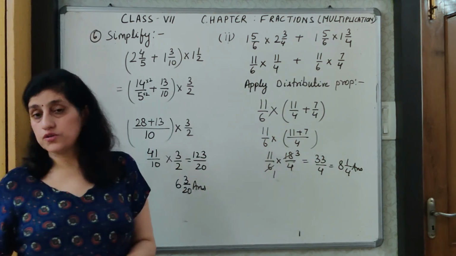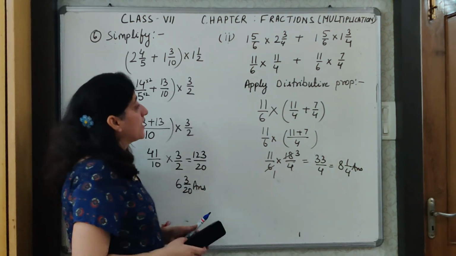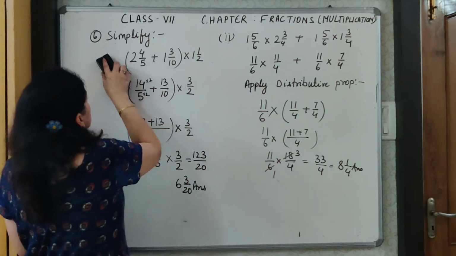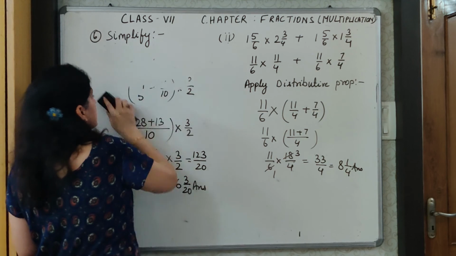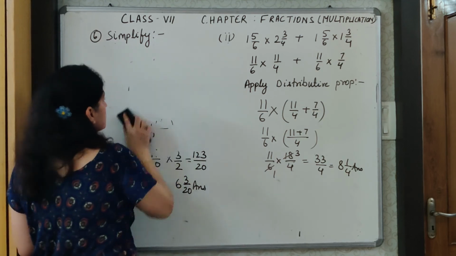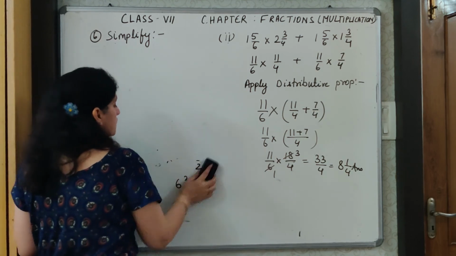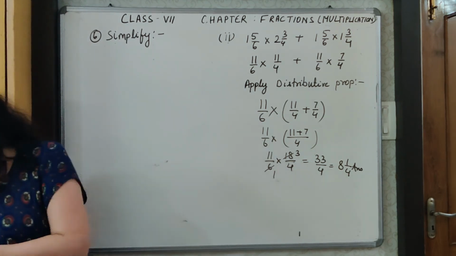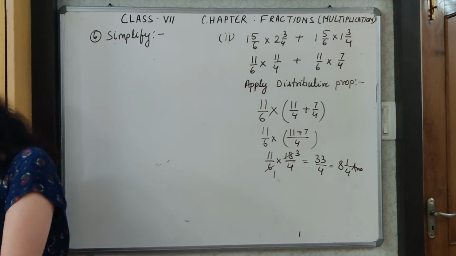Again I divided it orally. Small numbers can be divided orally if you practice. So the last question for this video is another question of simplify. We'll quickly note that down also and we'll see how this is done.